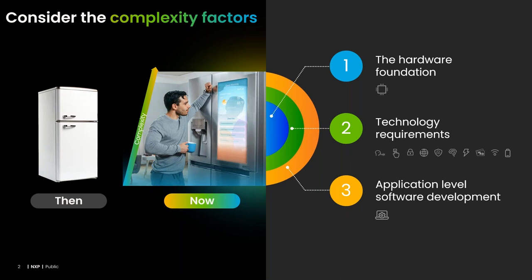So as a semiconductor company, we're really trying to pierce through all those layers of complexity so that, as an end user or a system developer, you can have a really simplified journey towards the end products. If you pierce that down, there are really 3 layers we're talking about here. First, at the heart, is the hardware foundation: your microcontrollers, your microprocessors. Secondly, you have different technologies added to one product.